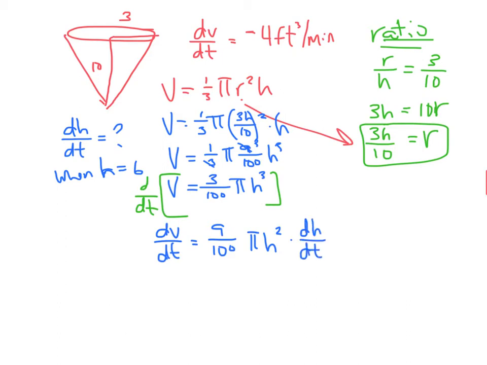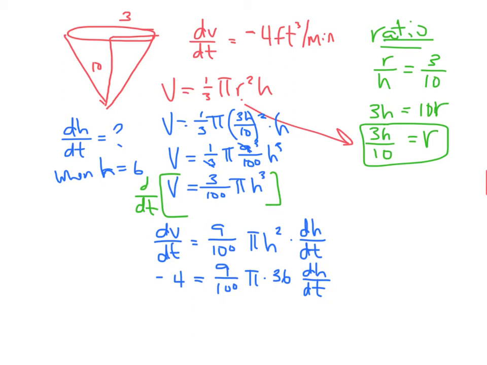dV dt, of course, I know, so I can start plugging in what I know. That's -4 is equal to 9 over 100, then your pi, h squared. My height at the time when I'm searching for the rate of change of the height is 6. So 6 squared would be 36, and then dh dt. Clearly I have to do some multiplying here.